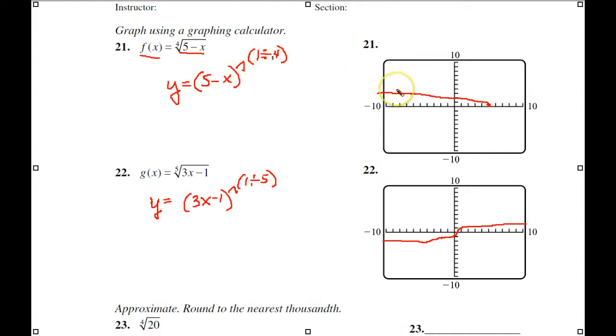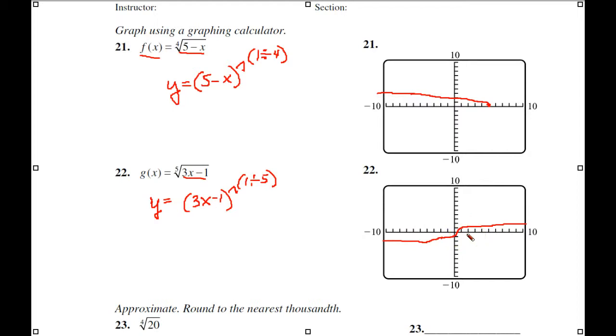And this is what it looks like on the calculator screen. And the same here. Put the radicand in parentheses, caret, and this is to the 1/5 power. Okay, it looks a little bit like this.